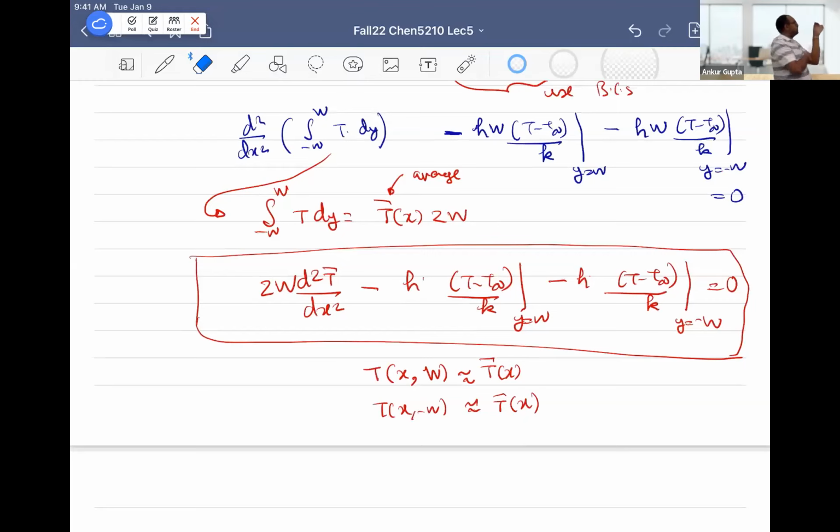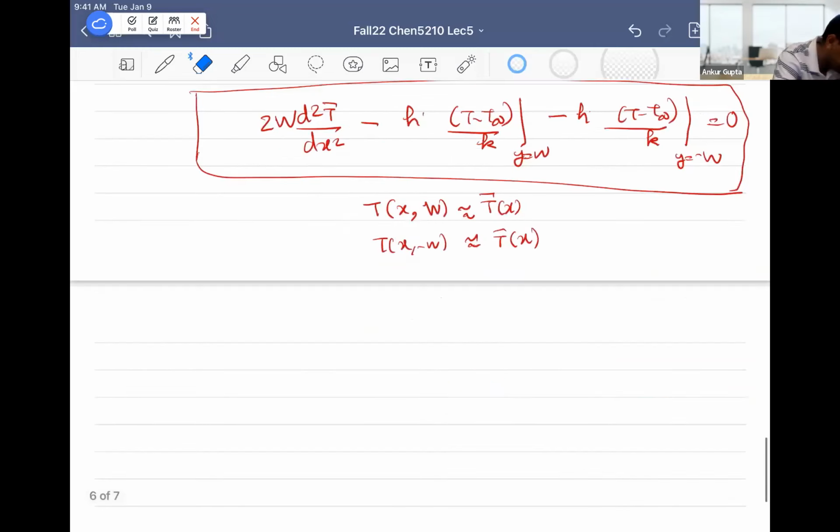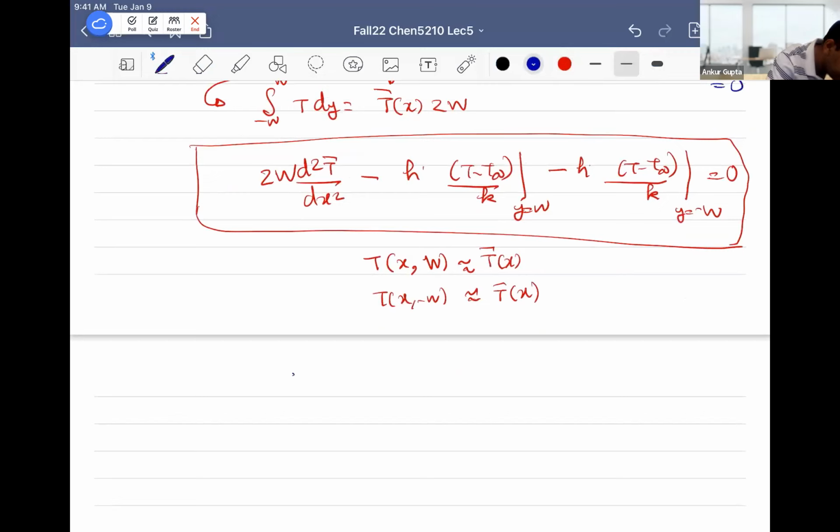Any other questions, but does everybody see the point? hW by k told us that the change in the y direction is negligible, and so we can say the average is the same everywhere. So it's just not changing in the y direction. When you do that, again you get the equation. You can sum it up and you will get d squared T bar by dx squared is h by w k times T bar.